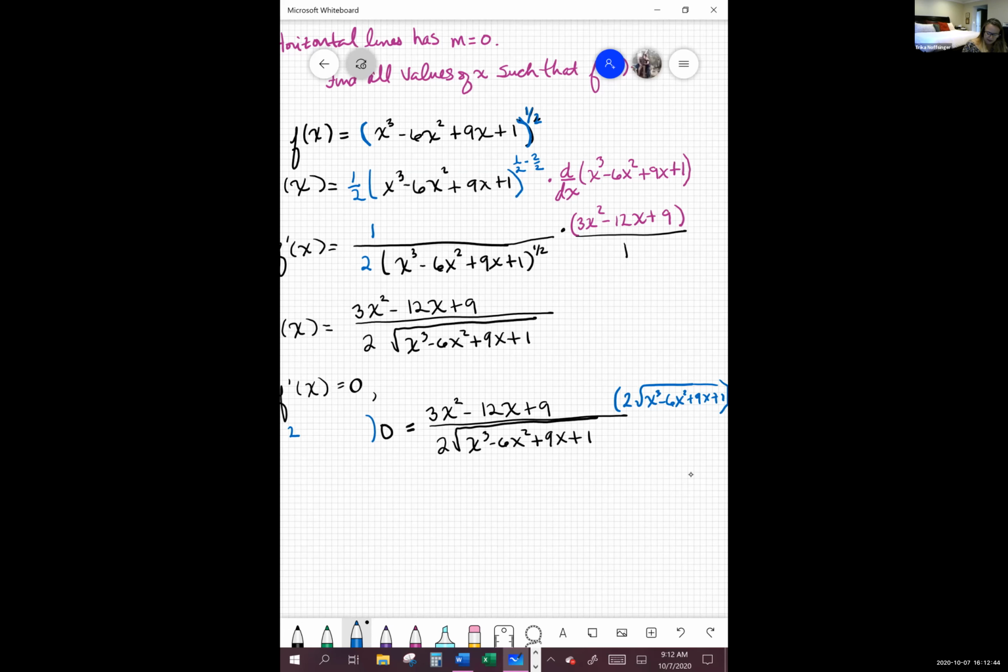Whatever we do to one side of the equation, we've got to do to the other. Anything times 0 is 0. So we got 0 is equal to our numerator, since the whole point was for the denominator to go away. So 3x squared minus 12x plus 9.